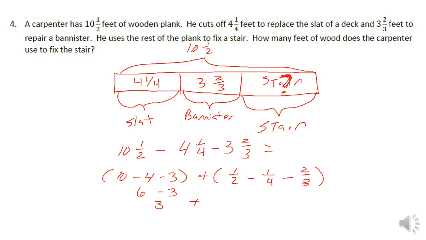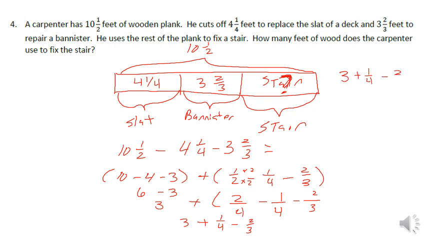Plus, over here we have 1/2 minus 1/4. So let's go ahead and redo these. I'm just going to subtract those two first. And this one here is 1/4. I can turn the 1/2 into the other by multiplying this by 2 and this by 2 to get 2/4. So now I have 3 plus 2/4 minus 1/4, which gives us 1/4.